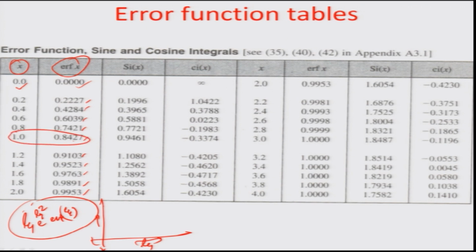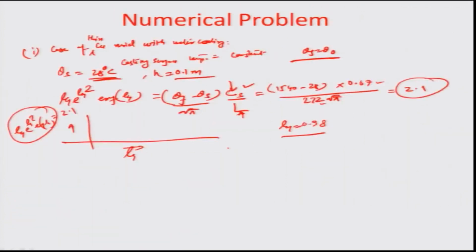What I am trying to say here is that 0.8427, the value of the error function of zeta, times e to the power of zeta square, so 0.98 square times 0.98, this calculation should be equal to 2.1 or nearby.